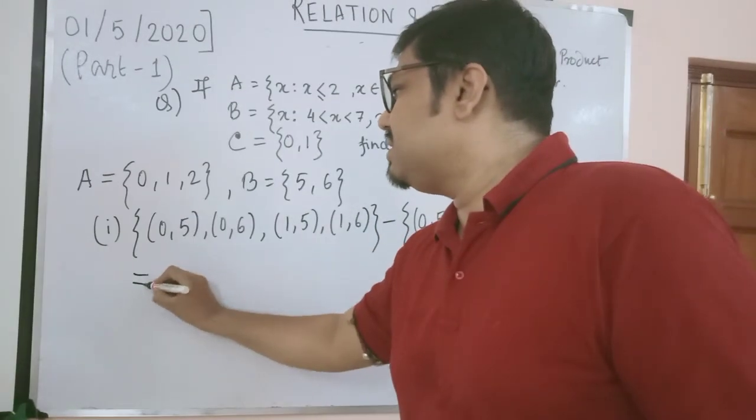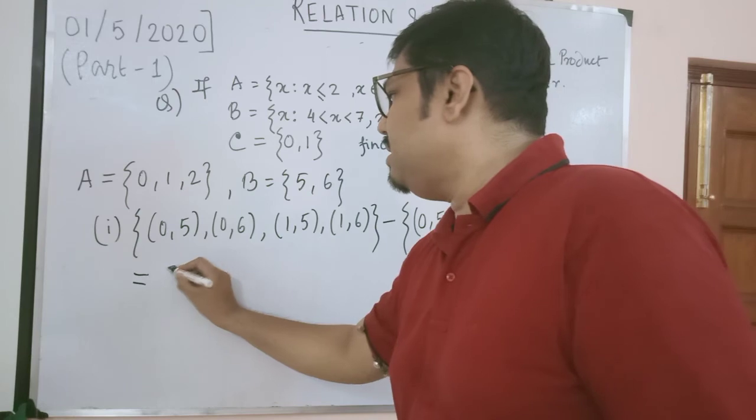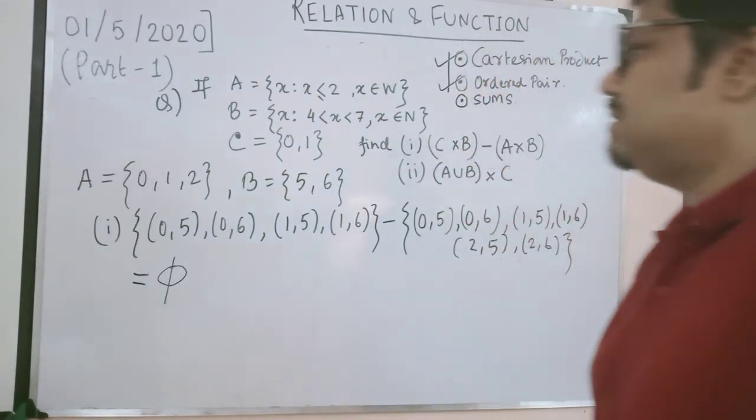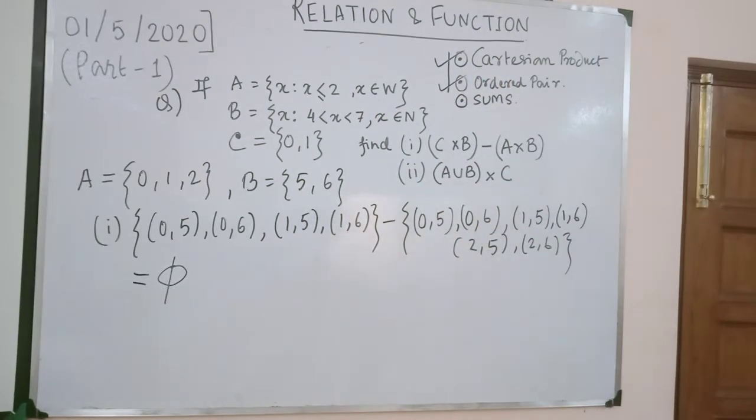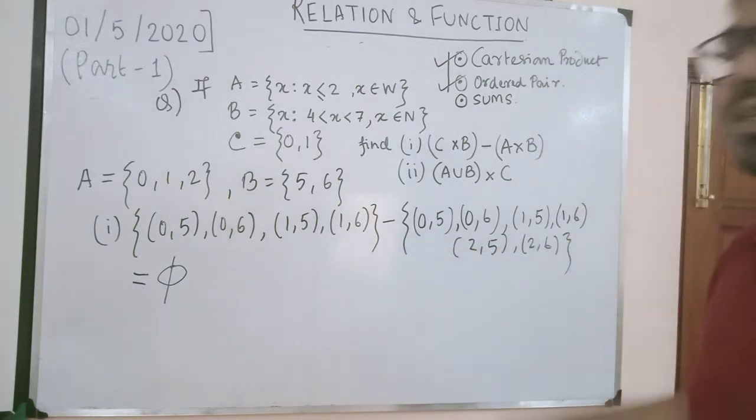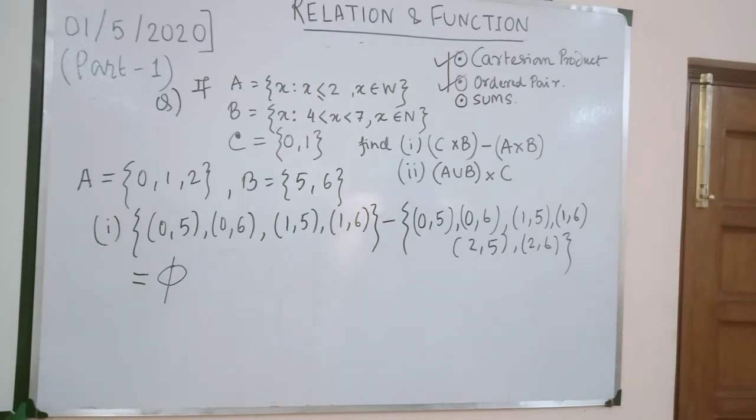So after subtraction there will be nothing left. In terms of relation, we say that this is a void relation. Sometimes people may misinterpret it as a void set or a null set, but although the concept is the same, since you are cancelling all the elements, it's a set operation only, but still it will be termed a void relation.